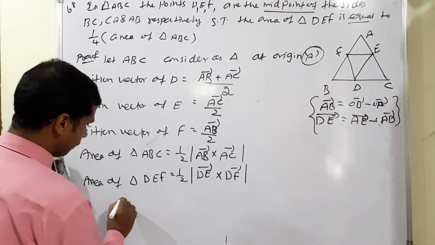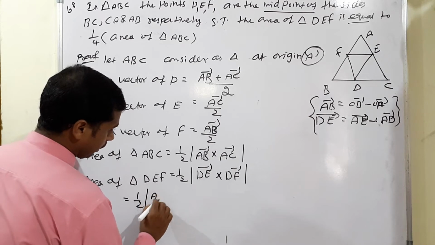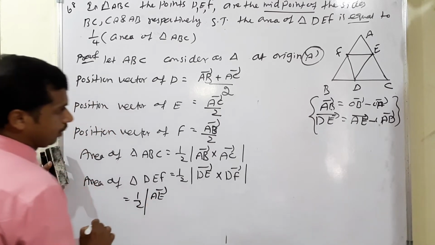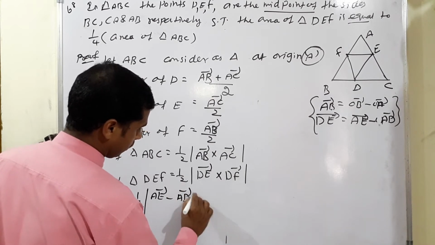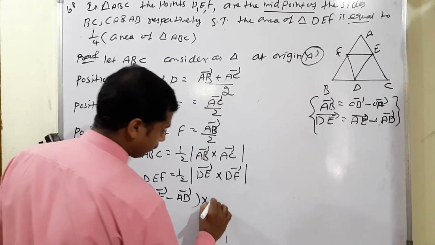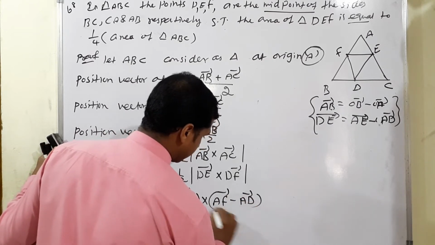Look at there, half into modulus of DE vector, we can take it as AE vector minus AD vector, then into DF vector, which means AF vector minus AD vector.